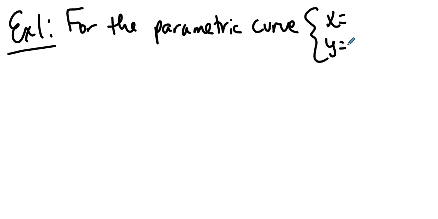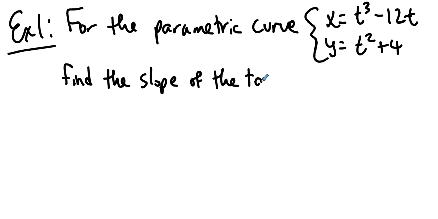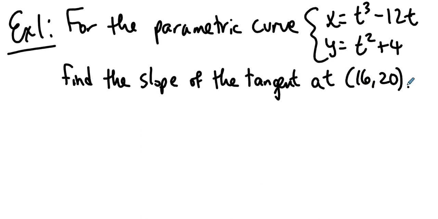So for the parametric curve where x has equation t cubed minus 12t, and y has equation t squared plus 4, find the slope of the tangent at the point (16, 20).